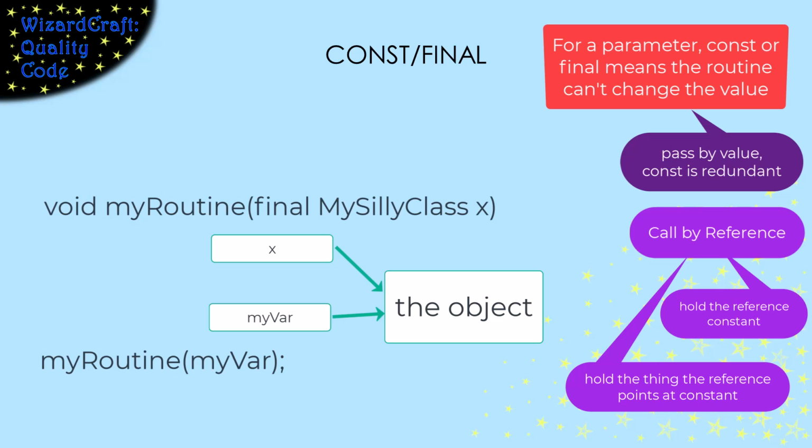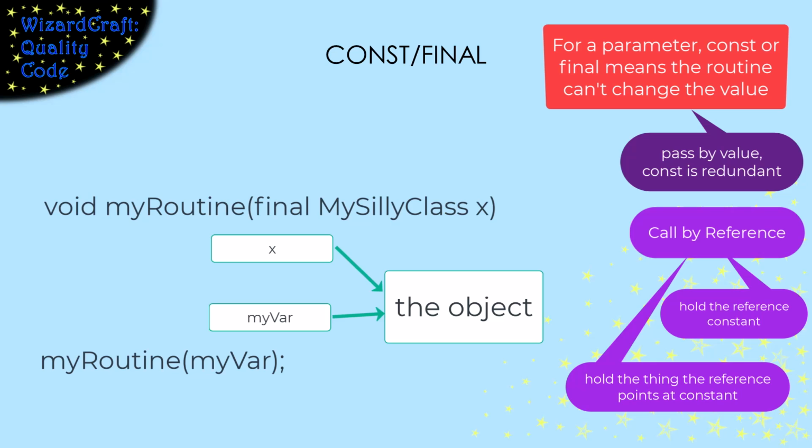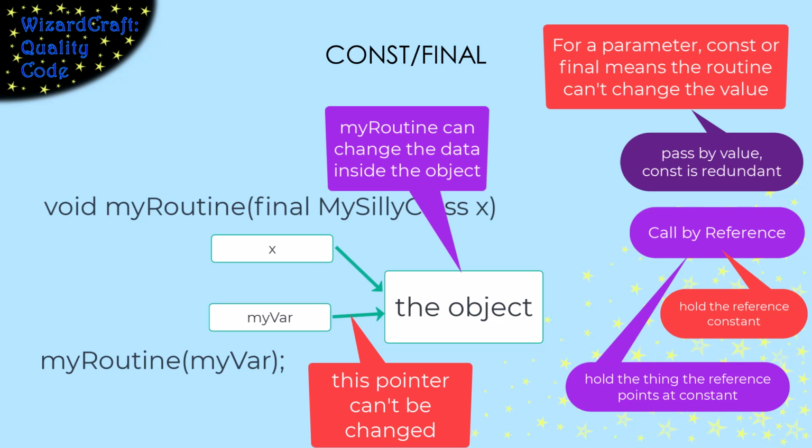If you mark the parameter as const, the compiler makes sure that you can't give the variable a different object. So the reference is constant. However, even though it's marked final, we can change the fields inside that object. So in Java, final on a parameter means we can't give it a new object, but we can change what's inside the object that we're given.